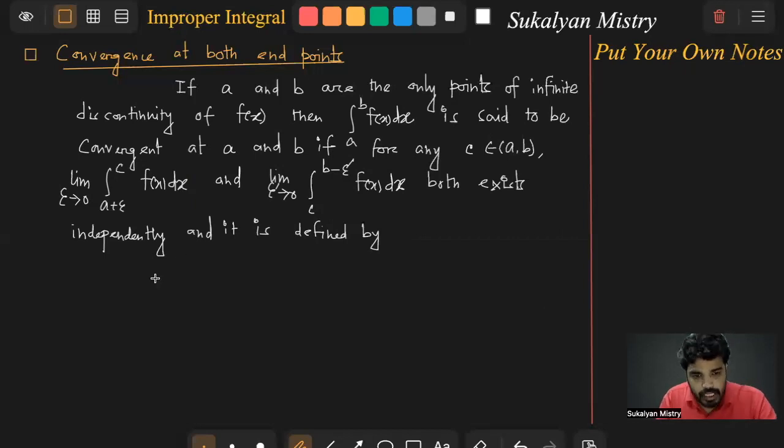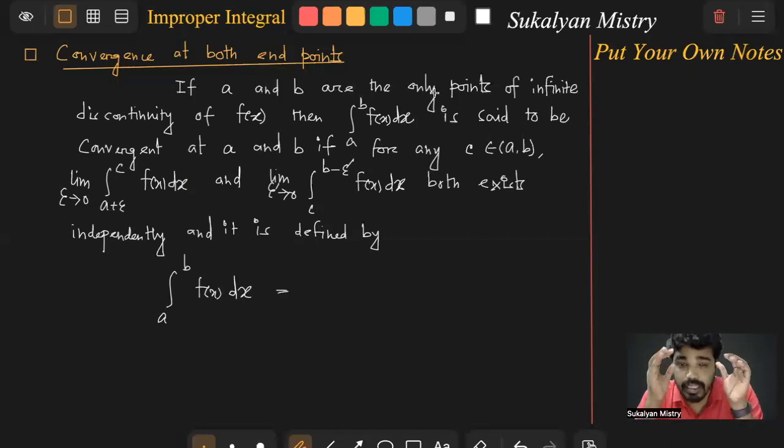Just see integration a to b f(x) dx. So here we say this function f(x) has a and b as infinite points of discontinuity. Okay, so integration a to b f(x) dx can be written as limit epsilon tends to 0.